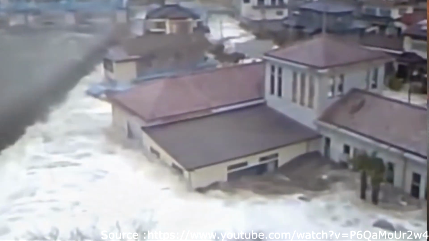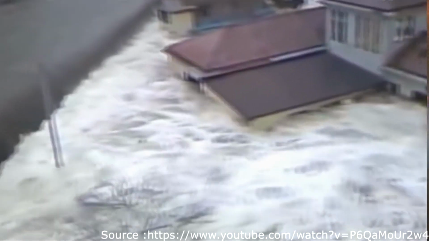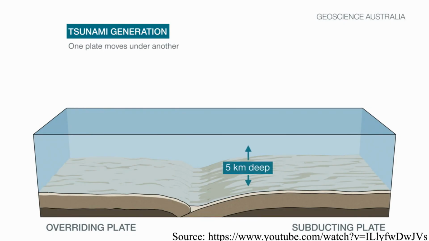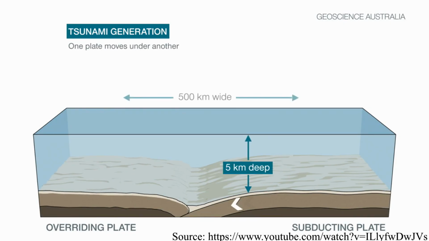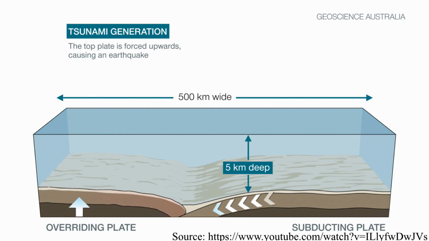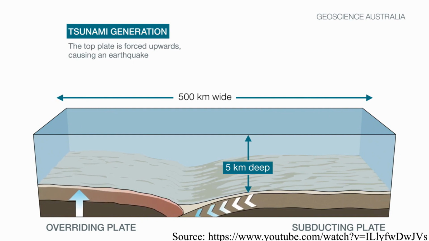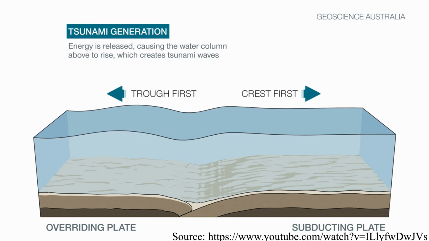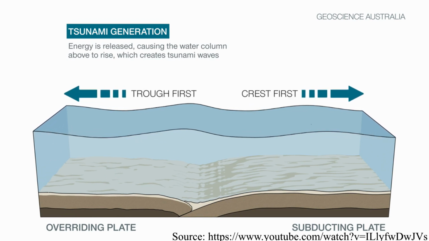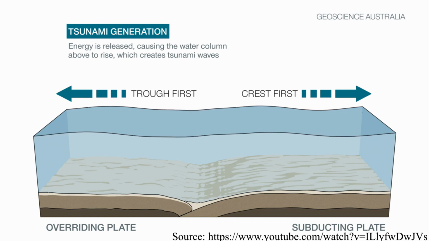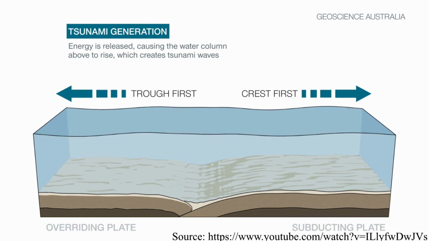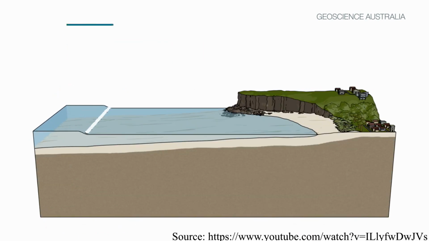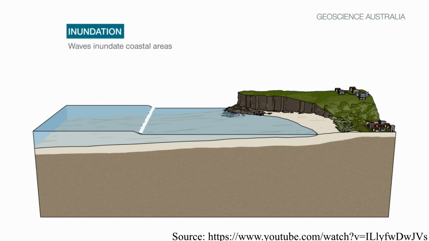Earthquakes generate most tsunamis documented in history. One plate moves under the other, causing an earthquake. Energy released causes the water to rise and generate tsunami waves. Waves then inundate coastal areas.